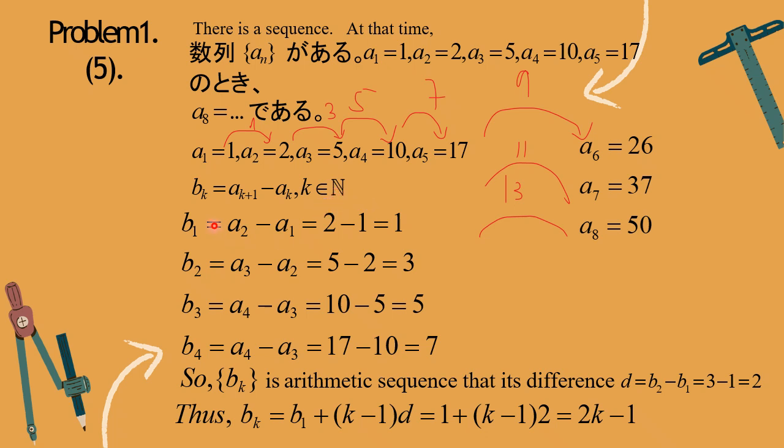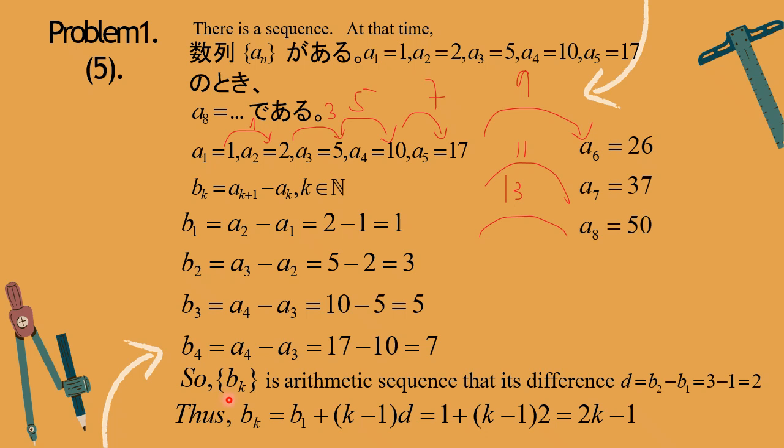So we can get b1, the first term of the sequence. b1 is equal to a2 minus a1, when k equals 1. So we subtract the first term from the second term, and we have 1, and we do the same for all the terms, so we get 1, 3, 5, 7. At that time we can see that it is an arithmetic sequence with a difference equal to 2.